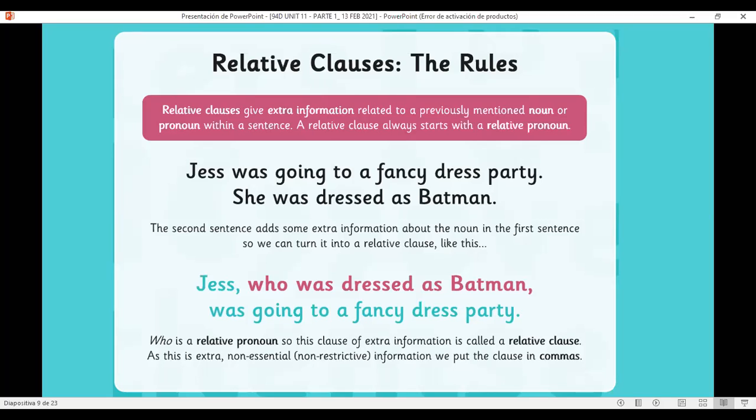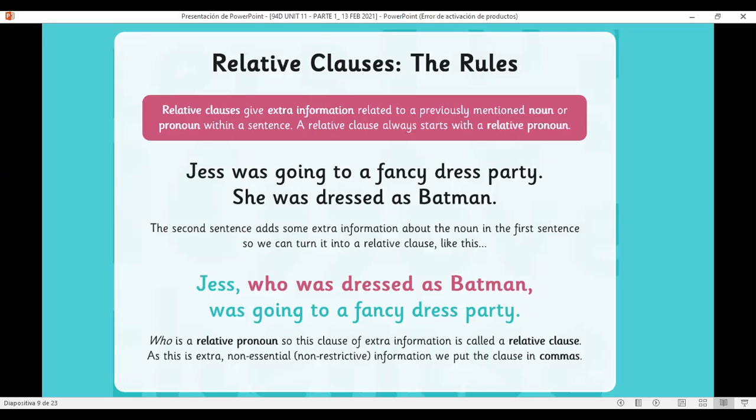Jess was going to a fancy dress party and she was dressed as Batman. Look how we're going to join these two sentences and we're going to make a new one, or we're going to form a relative clause by using a relative pronoun. ¿Sí? Vamos a unir estas dos frases, estas dos oraciones, pues con un relative pronoun para unirlas.